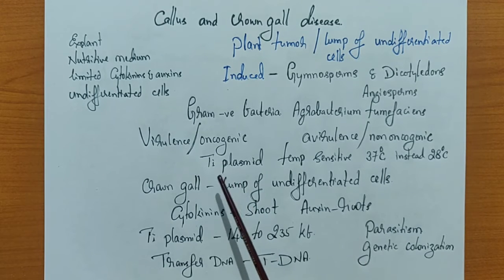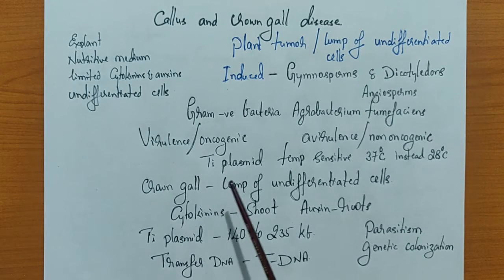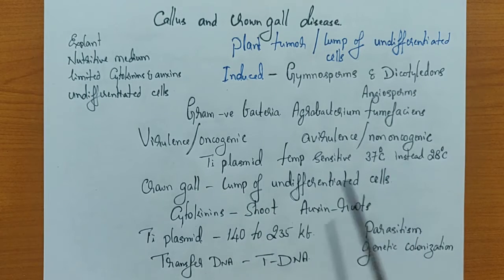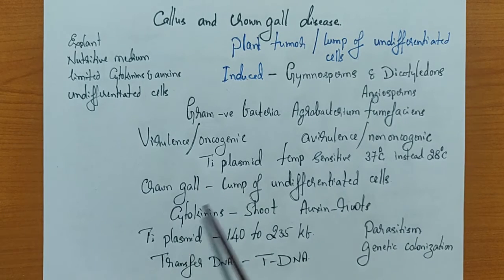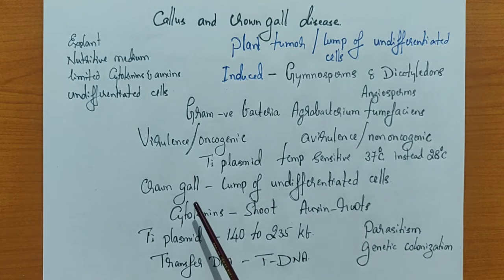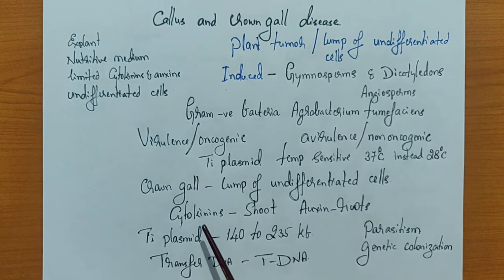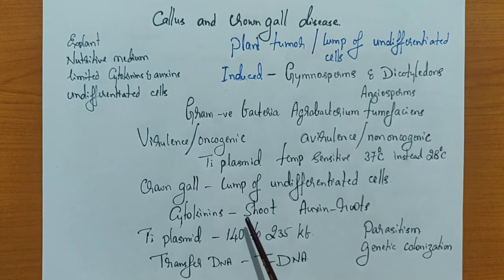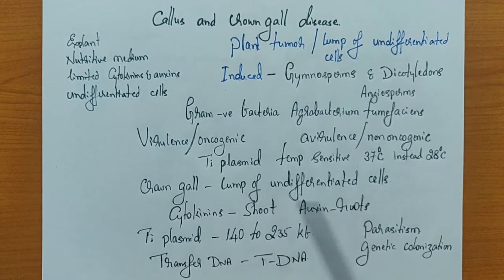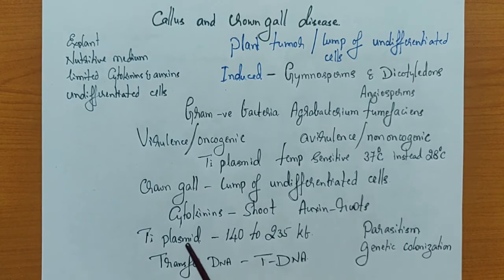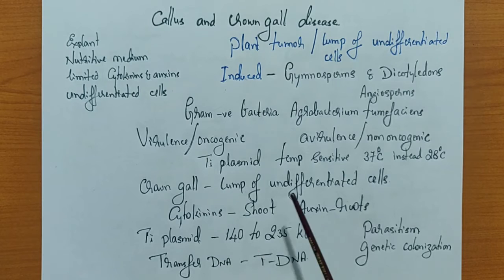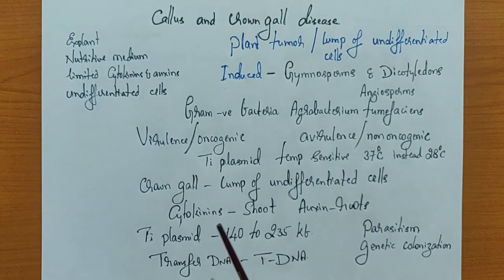Now, this particular Ti plasmid does have virulence genes. So they make sure that this particular plant cell will not be differentiated into any form, either a shoot or a root or a bud or a flower. They want these cells to be undifferentiated, and it is a lump of mass.